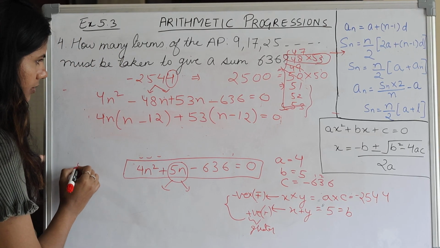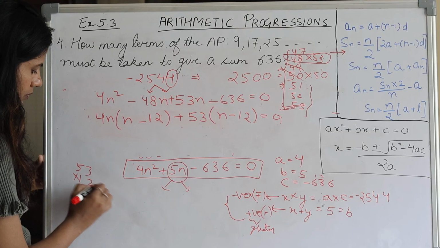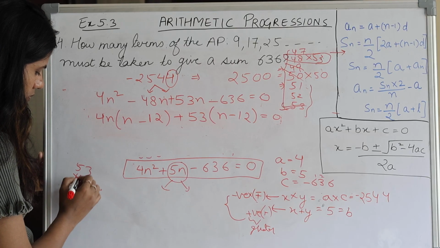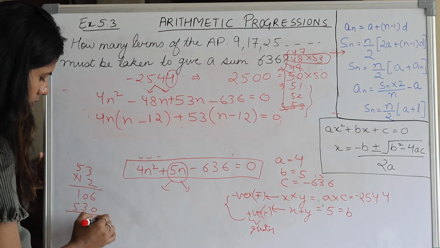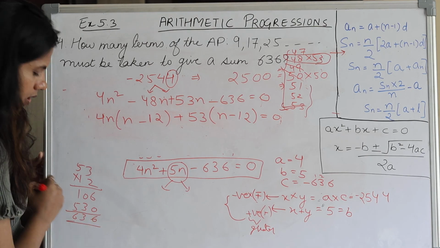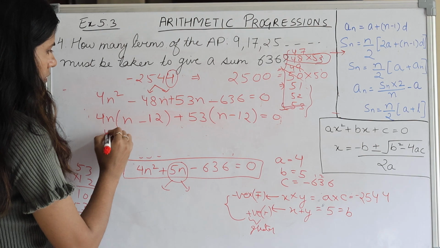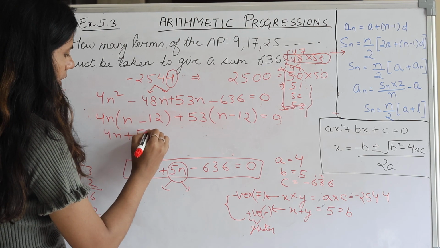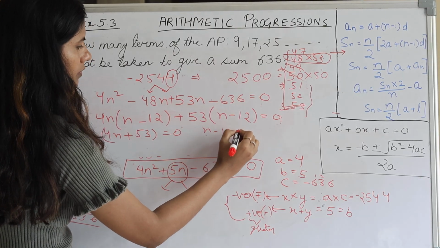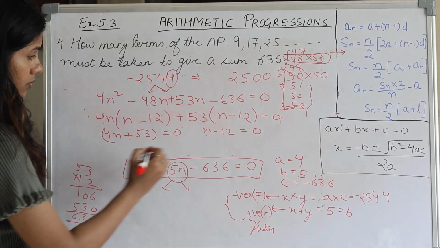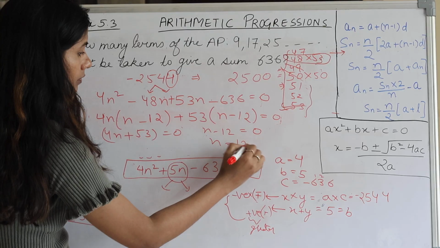Let's cross check it. See, it is 6n. So 4n plus 53 equal to 0, n minus 12 equal to 0. So here n will be 12.